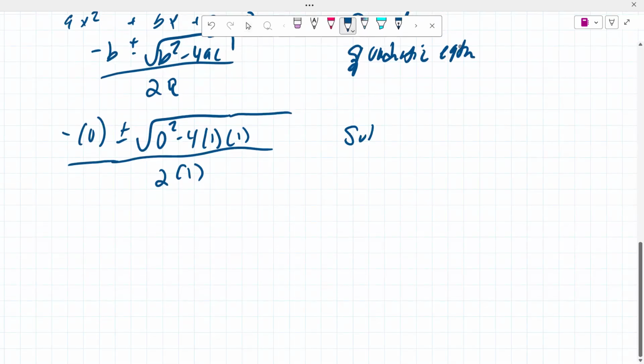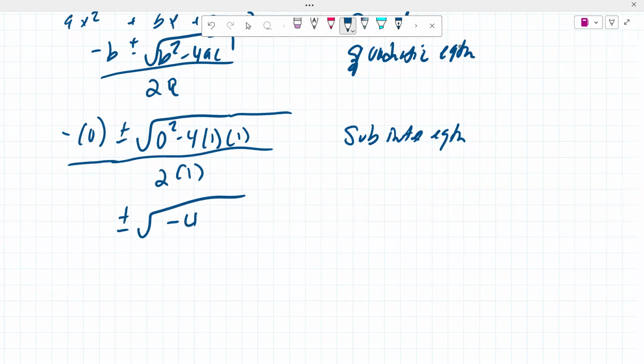Sub into the equation, and we have plus or minus the root of negative 4 over 2, which gives us plus or minus 2i over 2, which gives us plus or minus i. This is just simplifying the algebra.